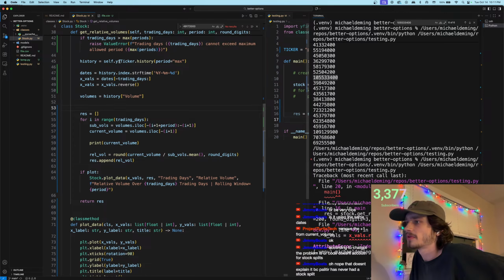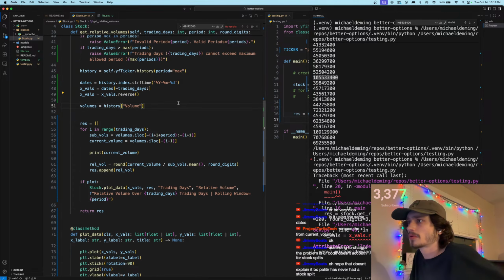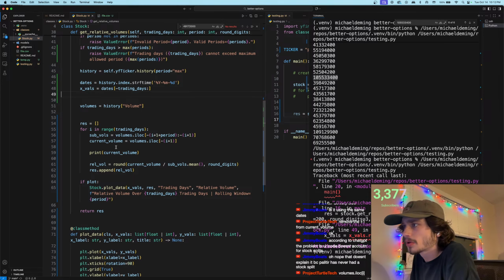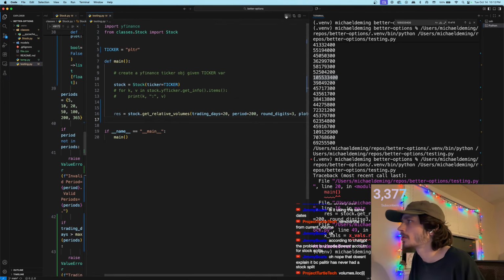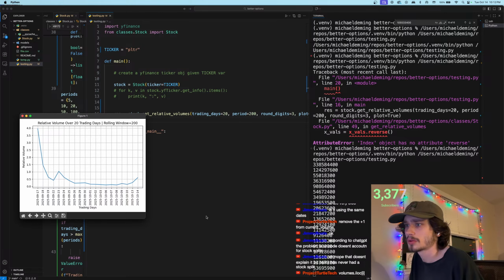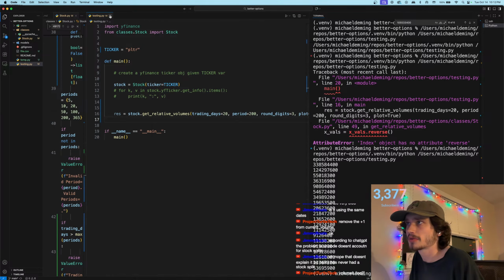Index object has no attribute reverse. What? I don't think that worked.